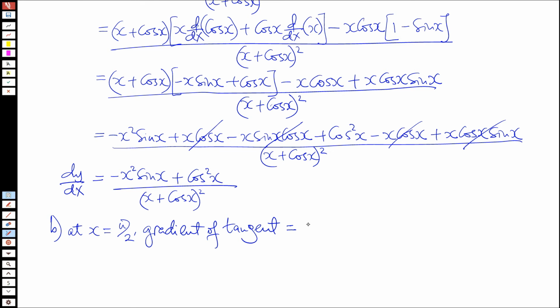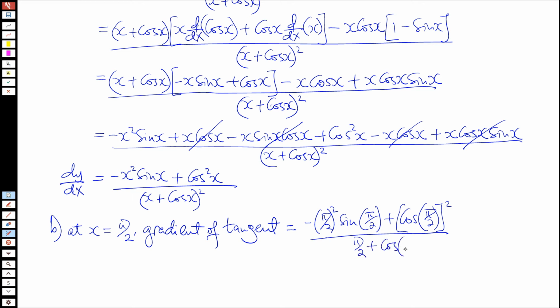So that will be equal to negative pi over 2 squared sine pi over 2 plus cosine of pi over 2 squared, over pi over 2 plus cos pi over 2, all this squared.